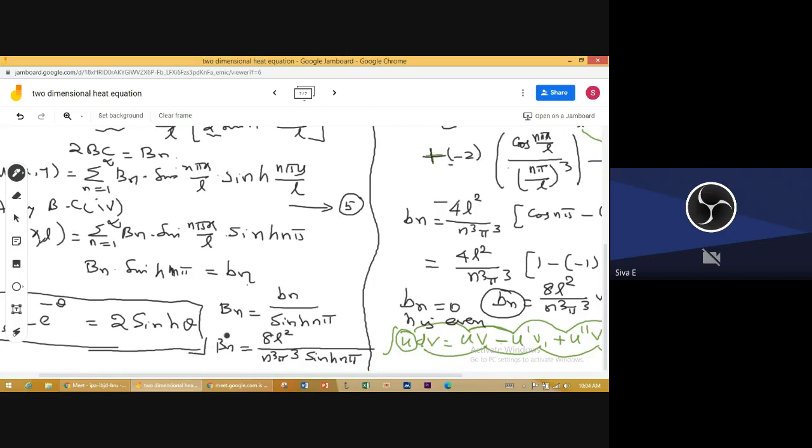So substitute this Bn in equation number 5.